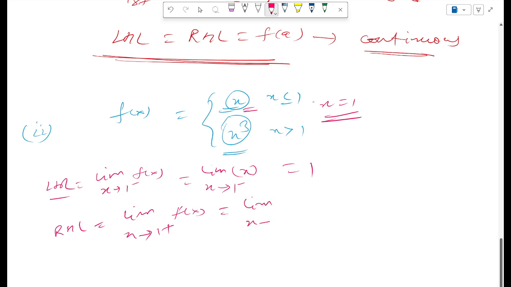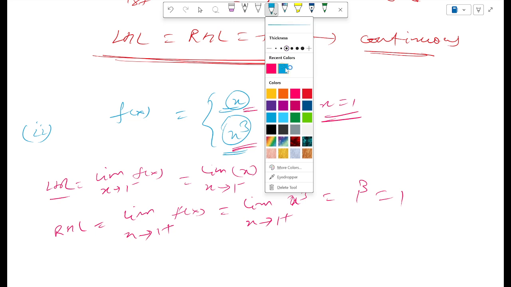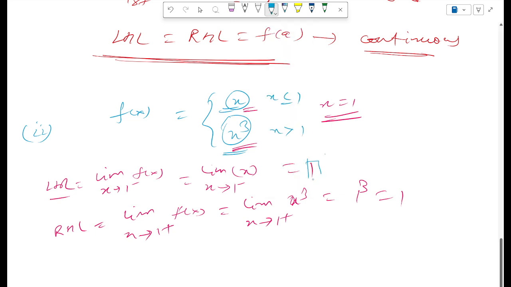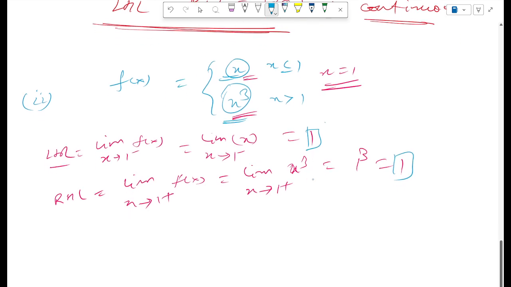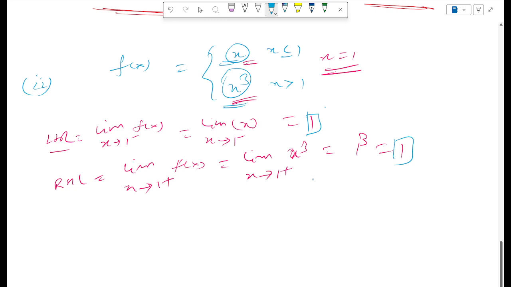Right hand means x is greater than 1, so this part of the graph, x cube. So this will give 1 cube, means 1. Here, as you can see, we have gotten both as 1. So this is a good starting point for a function on the path of becoming continuous.